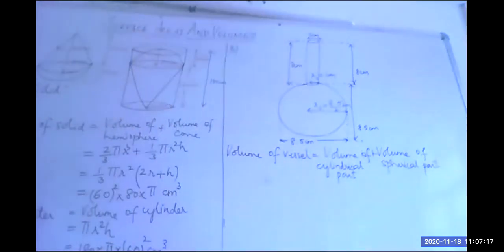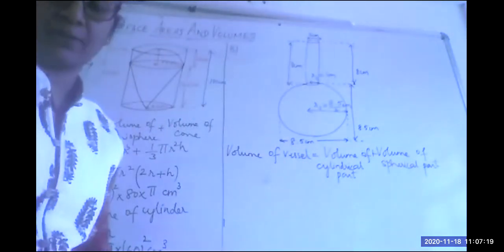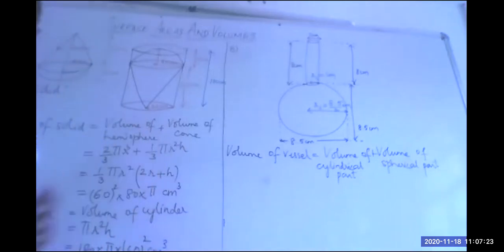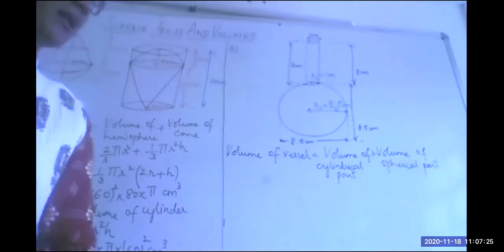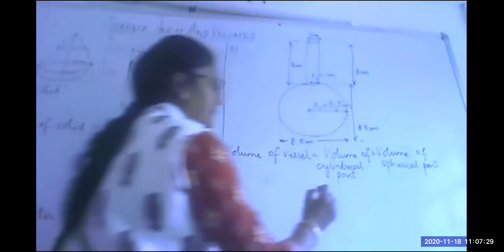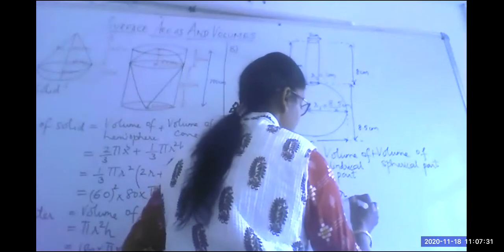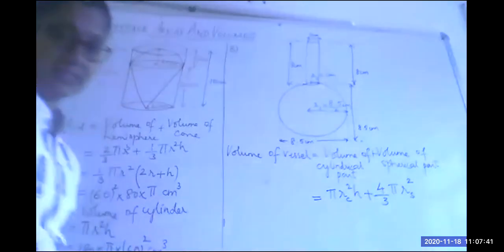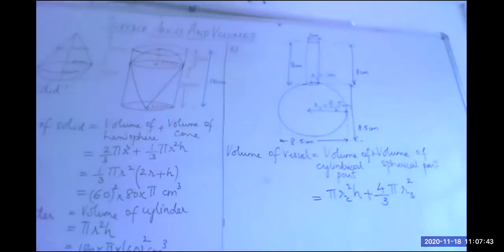So when you substitute in the formula, you should be careful because there are 2 different radii for the 2 different parts of the solid. Now you go and substitute the formula. Volume of cylindrical part is pi RC square H plus volume of spherical part 4 by 3 pi RS cube. I have suffixed it as RC and RS because they are 2 different radii.